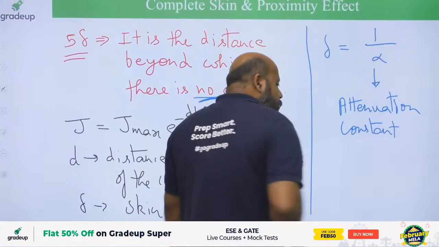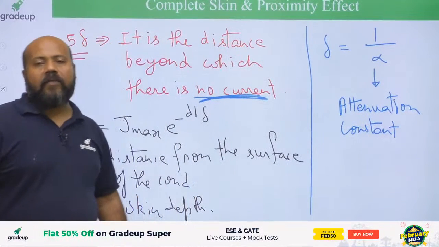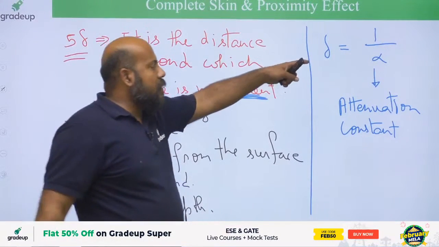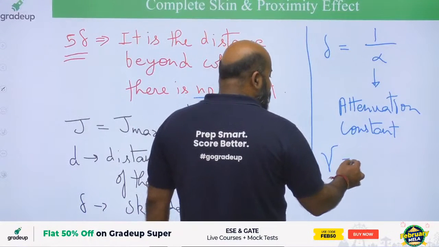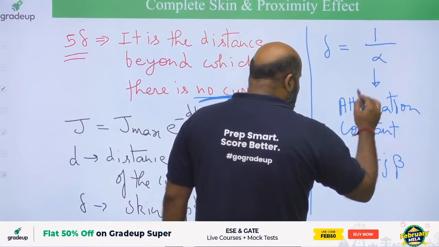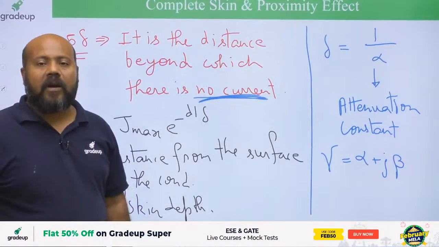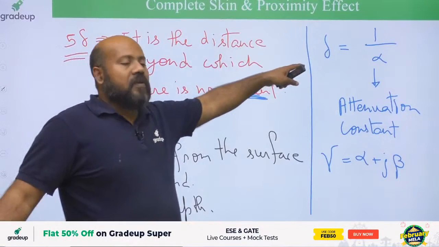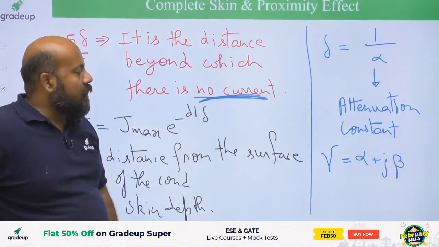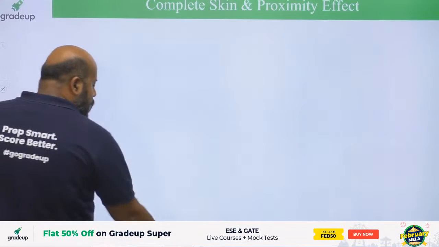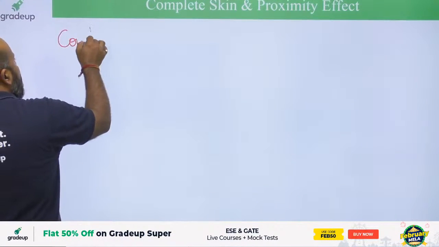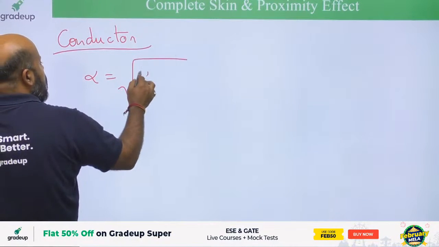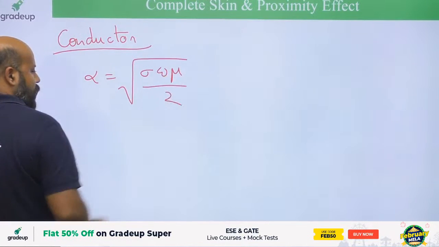When you talk about transmission lines in electromagnetic field theory or power system transient analysis, you read about this constant alpha, which is nothing but the real part of the propagation constant. This is called the change in the magnitude of the wave. Now this skin depth is defined as the inverse of the attenuation constant, and for a conductor the attenuation constant alpha is defined as the square root of sigma omega mu by 2.